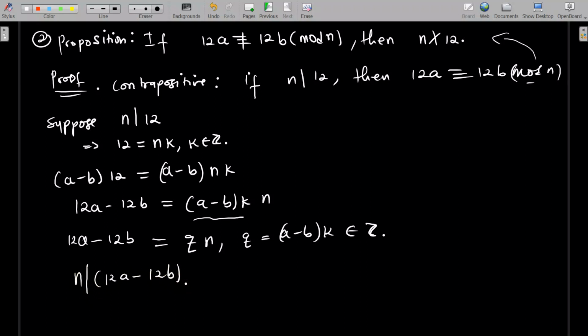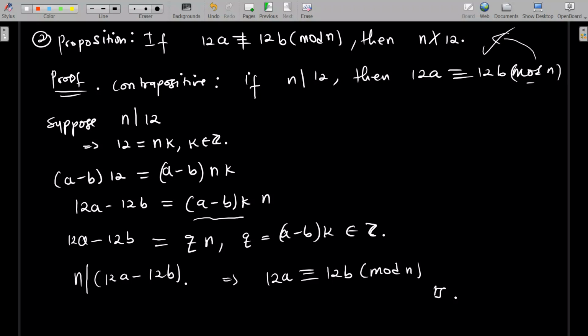But wait, this is also the definition of congruence modulo, right? So this means that 12a is congruent modulo to 12b mod n. So since we've been able to prove the contrapositive, it means this claim is true, right? So that's the proof for all these.